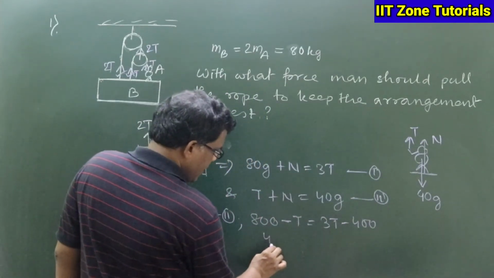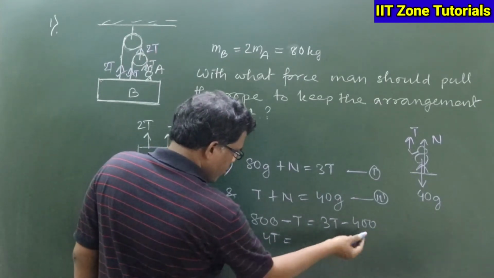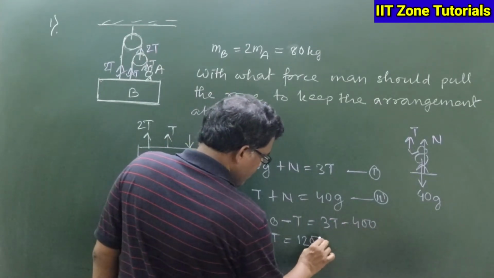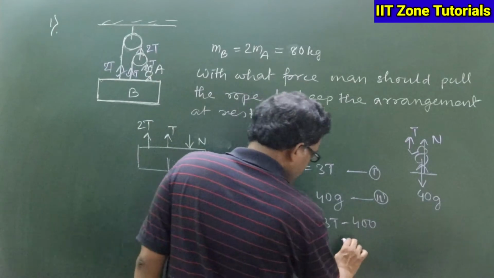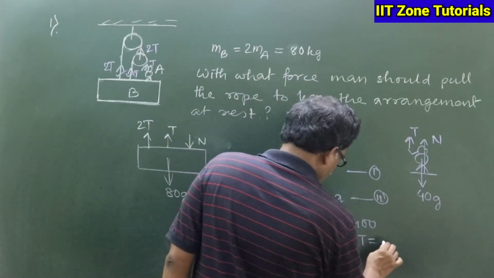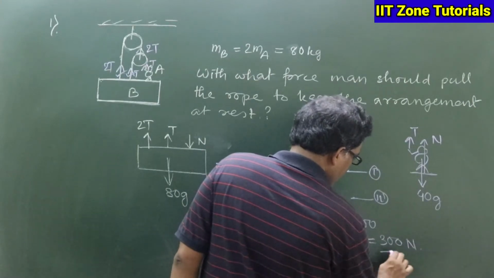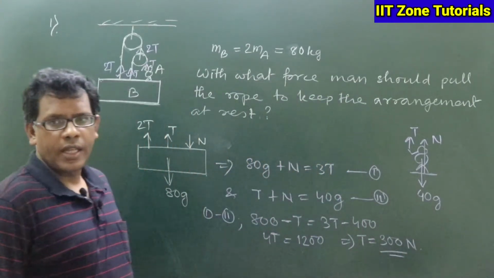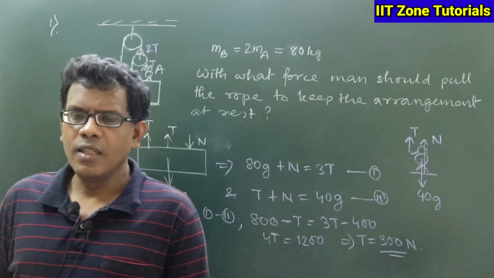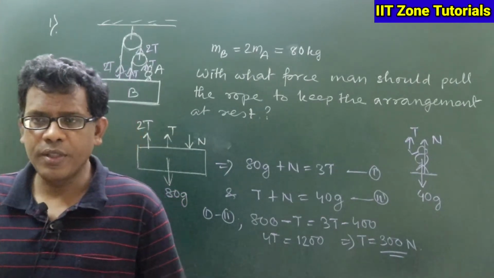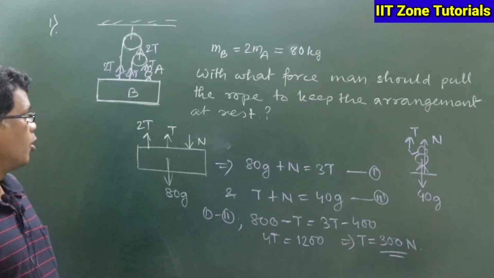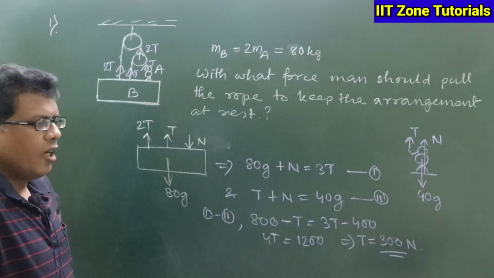T goes to that side, so 4T is equal to 1200. So T is equal to 300 Newton.